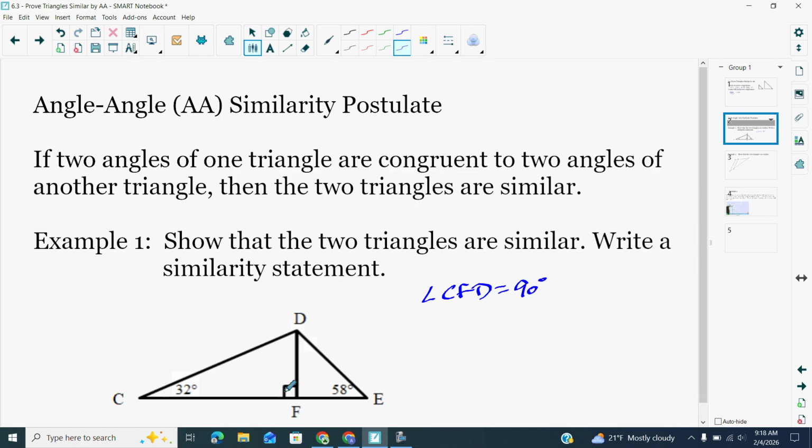It's showing us that that is a right angle. We know this is a right angle here as well, because we have a straight angle right here. So these two must add up to 180. If this one's 90, that one also has to be 90. So angle DFE is also 90 degrees. So these two are congruent.